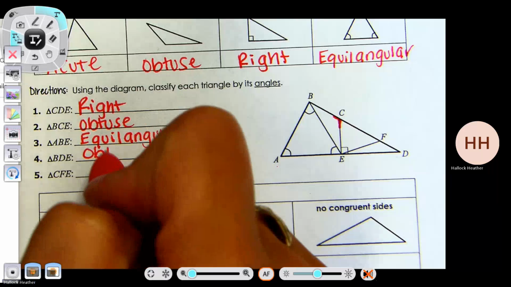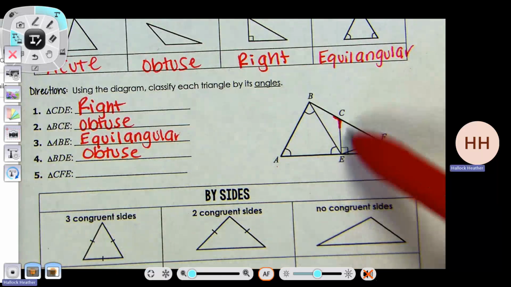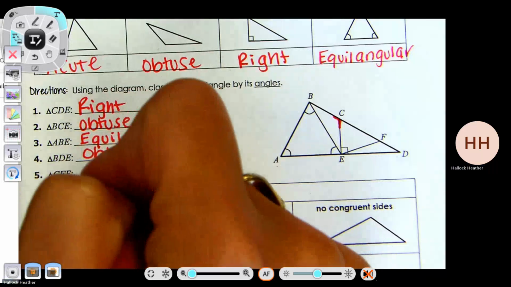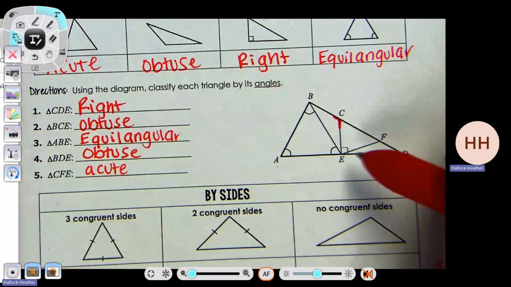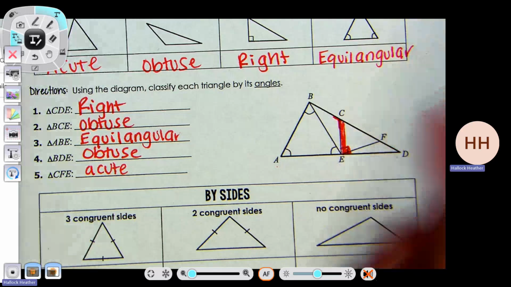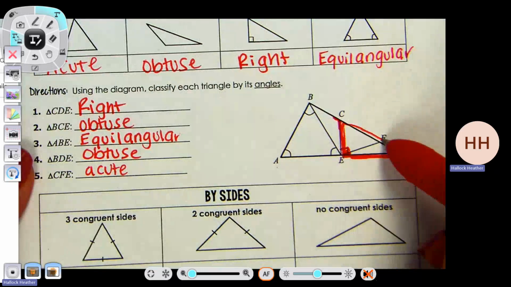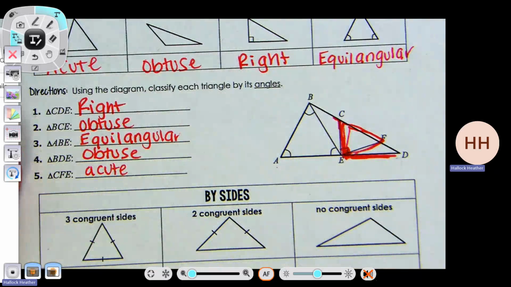Obtuse. And then CFE is acute. It's not right because this right is for both of those angles combined. So it's making this right angle right here. So the square is technically the right angle. So if it's less than that, because it's talking about this triangle right here, that's an acute triangle. Ugh, my drawings are really bad.